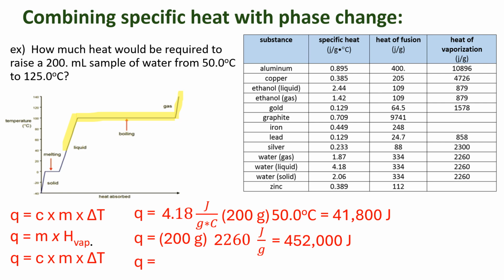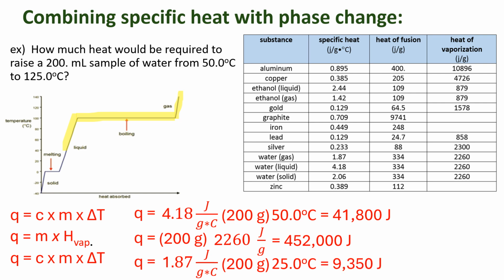So after it's all boiled, it still has to go up 25 degrees more, but it is now a gas. So its specific heat is no longer going to be 4.18. It's going to be 1.87. And then still 200 grams. And again, 25 degrees Celsius, because it's just going from 100 to 125.